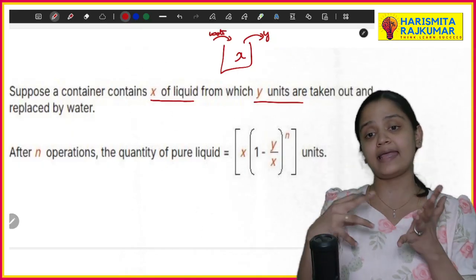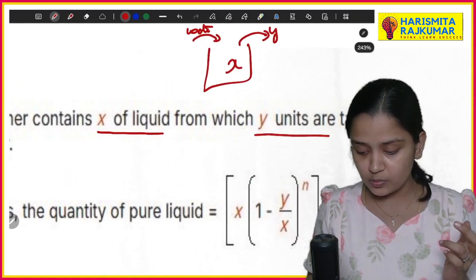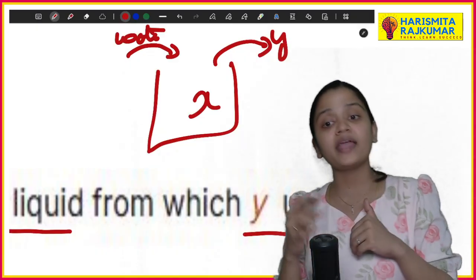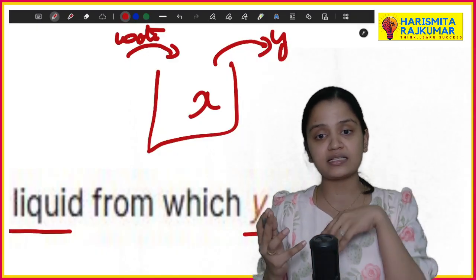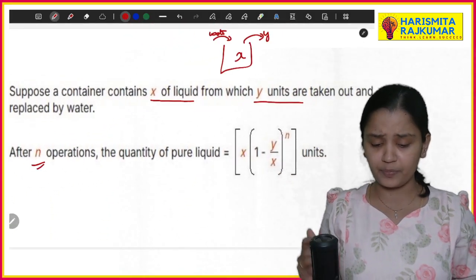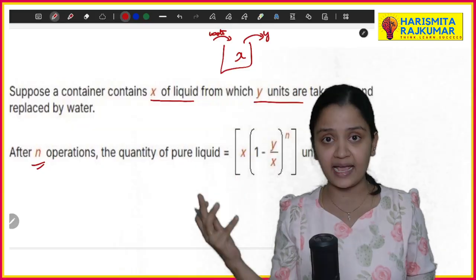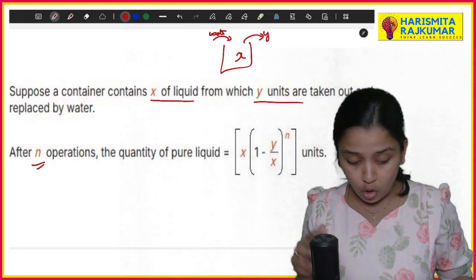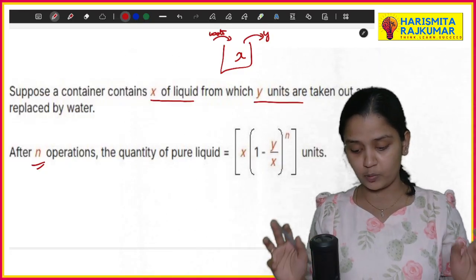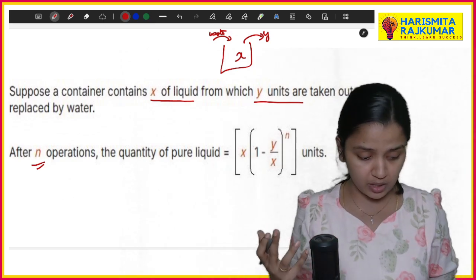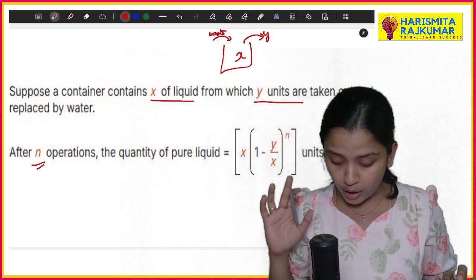After N operations, you don't know how many times they're taking it out and putting it back. After N operations, the question will ask you for the quantity of pure liquid.